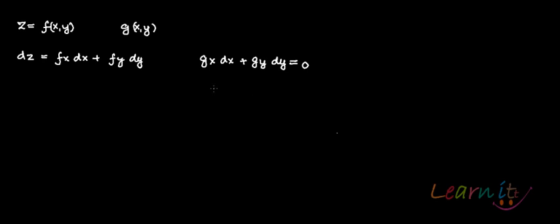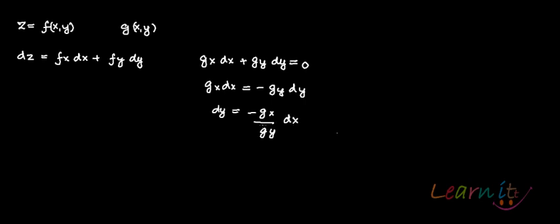Now, you can write this as gx dx is equal to minus gy dy, or you can write this as dy equals minus gx upon gy dx.